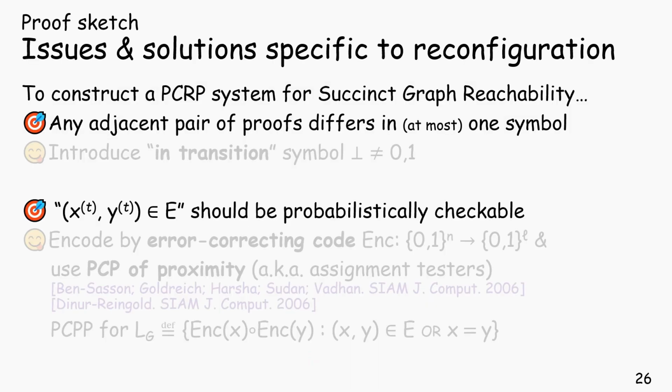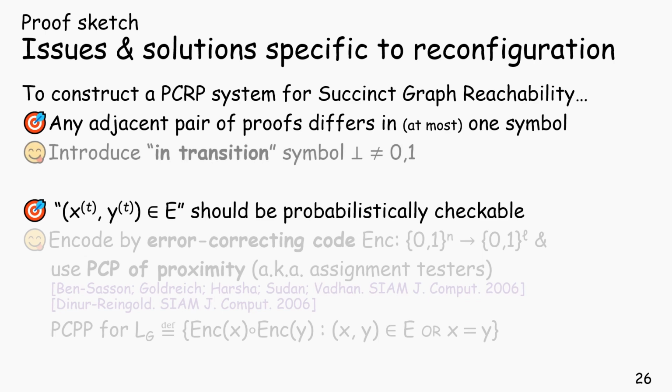Now we would like to construct a probabilistic reconfiguration proof system for succinct graph reachability. There are two issues specific to reconfiguration. First, we have to ensure that any adjacent pair of proofs differs in at most one symbol. Second, we should be able to check the membership of a vertex pair probabilistically.